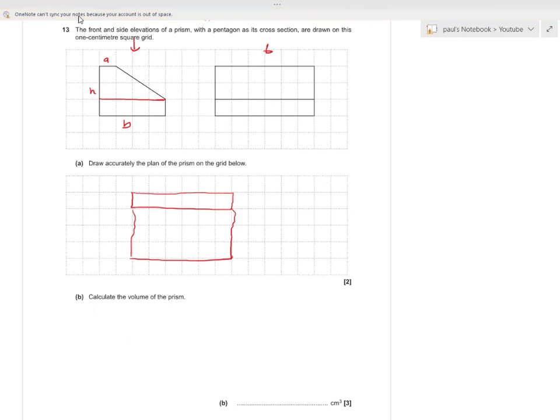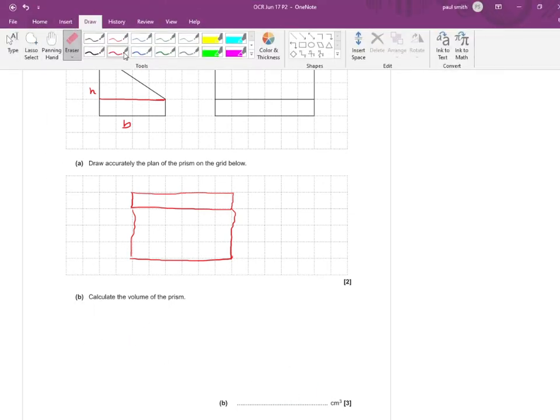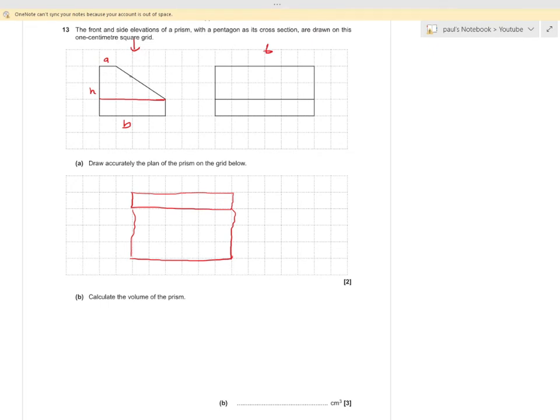Right, so this bit here, this is a trapezium, and this is just 1 times 4. So this is 4, yeah. And this bit at the top is 1 plus 4 divided by 2 times the height, yeah, times 2.